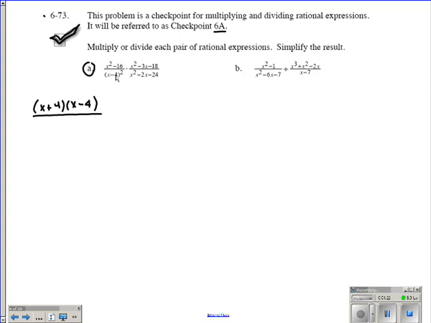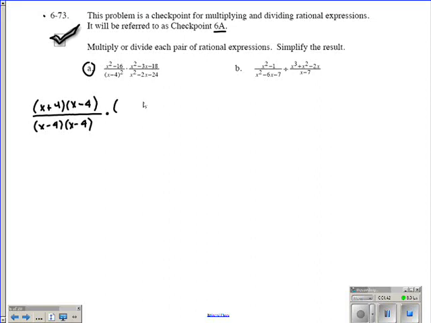Now do we need to take this binomial and actually multiply everything out? No, just know that that means the same thing as x minus 4 times the quantity of x minus 4. We're multiplying that by x squared minus 3x minus 18.